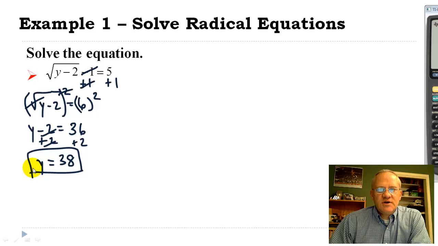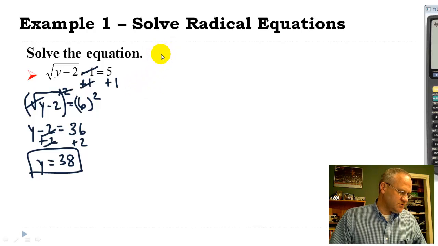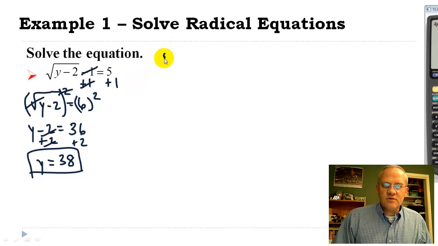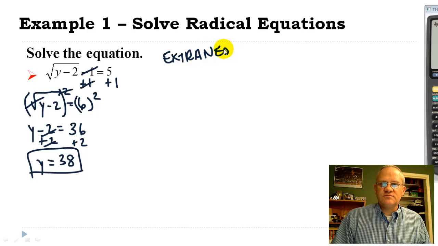Now keep in mind, on these equations with radicals, we can possibly get what's called extraneous solutions.